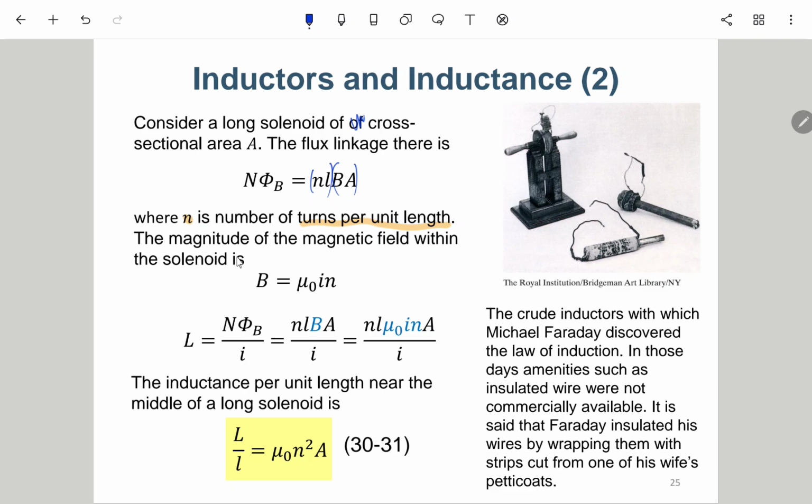And then also in chapter 29, we derived a formula: the B field inside the solenoid will be mu0 times In.